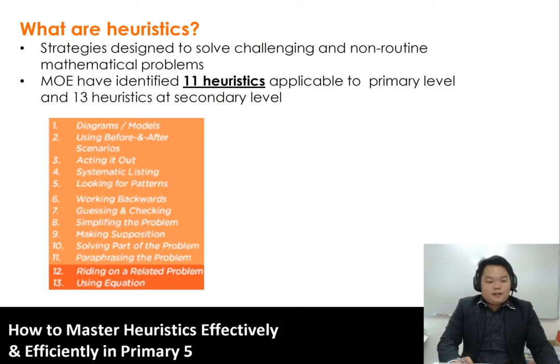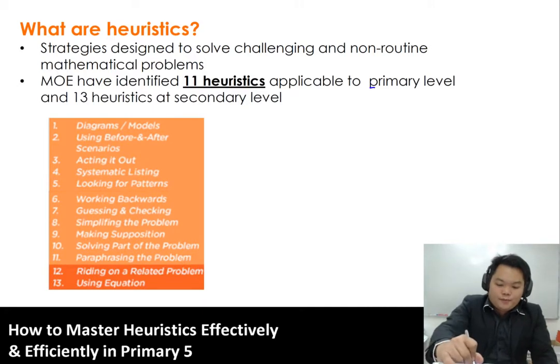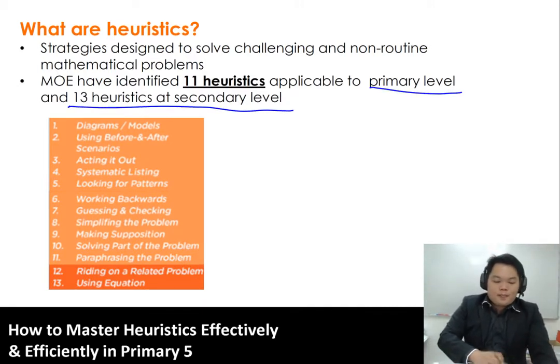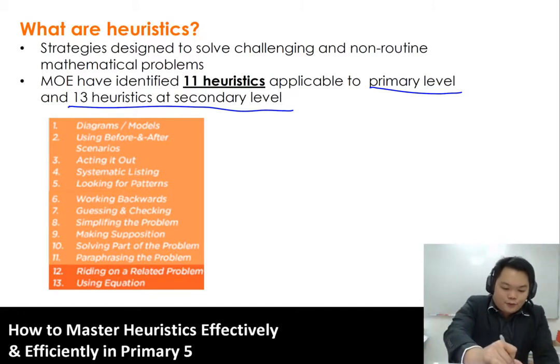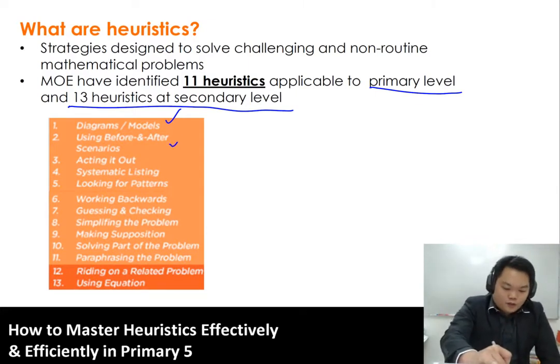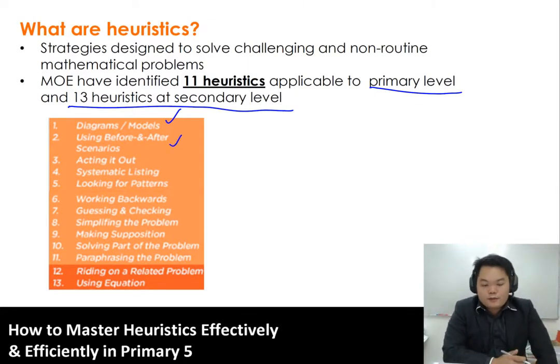So what are heuristics? They are strategies designed to solve challenging and non-routine problems, and the Ministry of Education has identified 11 heuristics applicable to the primary level, 13 to the secondary level. By now, every one of us should know what are diagrams or models. Using before and after scenarios, which we cover a lot.